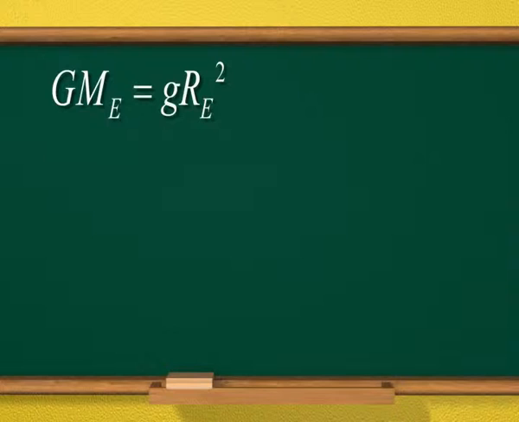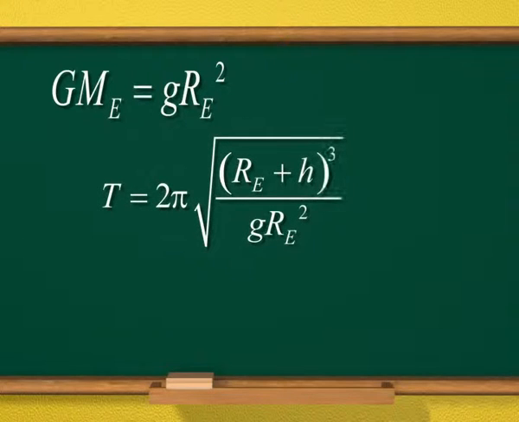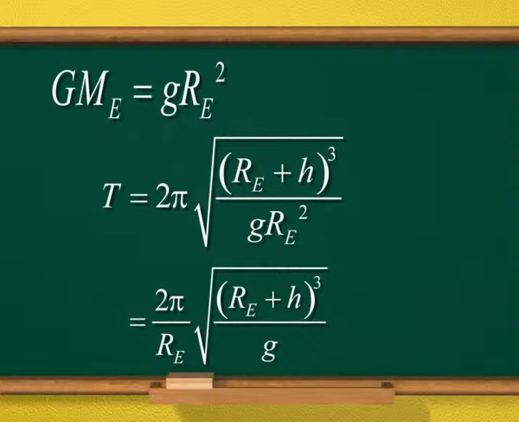On substituting the value of G and Me, the expression for time period becomes T equal to 2 pi into square root of cube of Re plus h upon g into Re square, or 2 pi upon Re into square root of Re plus h whole cube upon small g.